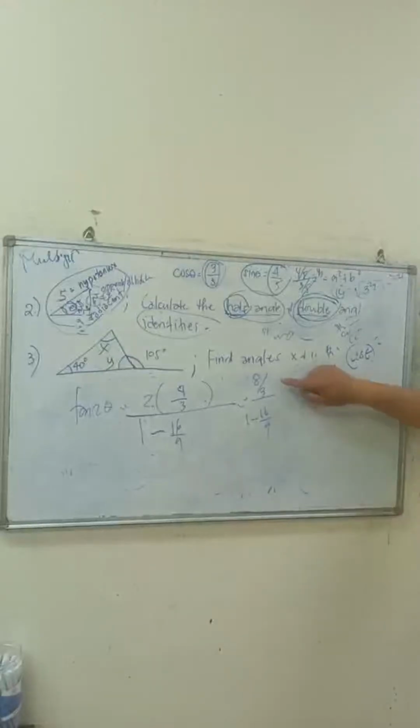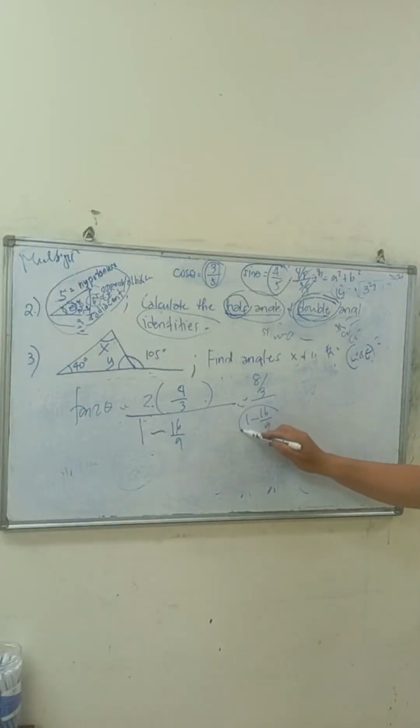In the numerator, 8 over 3 is easy to manipulate because it is a single fraction, with no minus or plus. In the denominator, there are 2 terms, 1 minus 16 over 9, and as you can see, 16 and 9 are not factorable with each other to a certain number.